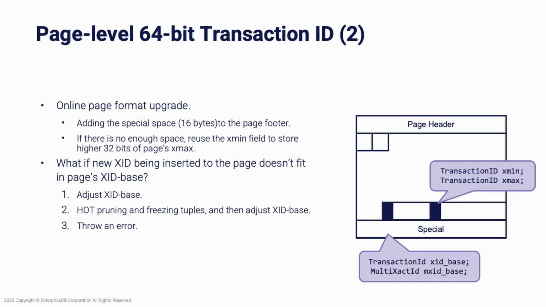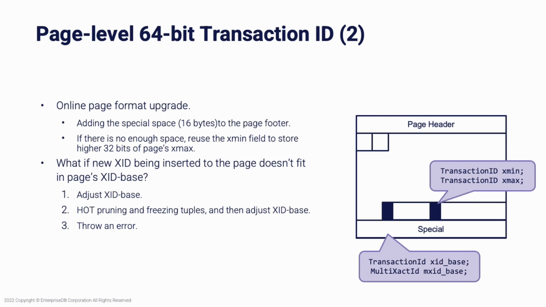But if a new XID for the page doesn't fit in the page's XID base, there are 3 steps. We first try to adjust the XID base so that all transaction IDs on the page can fit in. If that's impossible, try hot pruning and freezing the tuples, and try adjusting the XID base again.